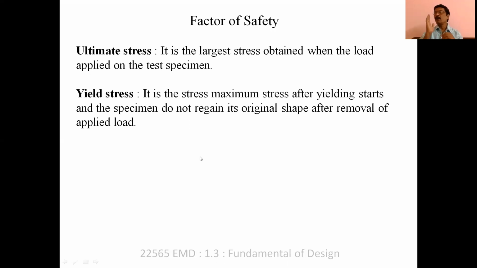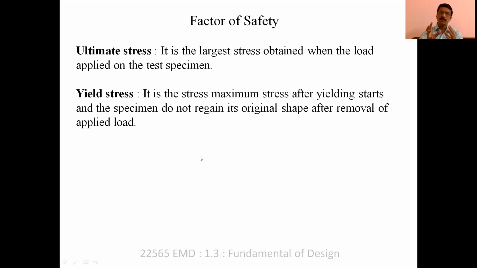Every material may or may not go up to ultimate or yield stress, because there are a variety of different aspects on which these two stresses are dependent.